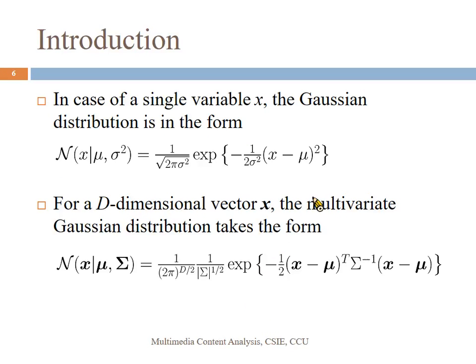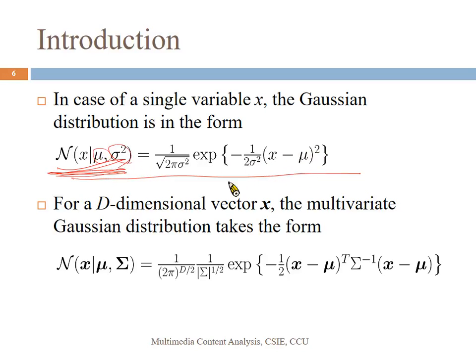So in the case of a single variable, the Gaussian distribution is in this form. Okay, so now in this slide, we introduce the formulation of the Gaussian distribution. If there is only one variable, or if the data is only one dimensional, then the one-dimensional Gaussian distribution looks like this. So we can characterize this Gaussian distribution by the mean and the variance.